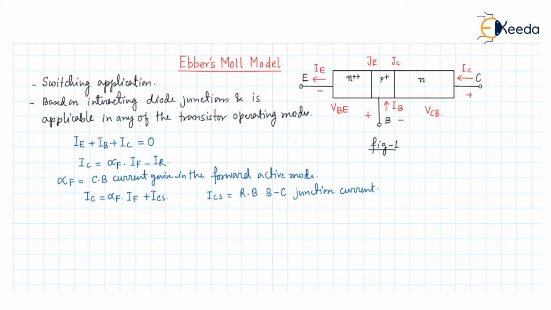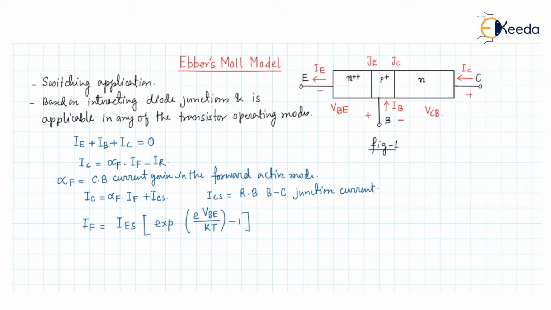The IF current can be written as IF equals IES into exponential of e VBE by KT minus 1, where small e is the electronic charge.